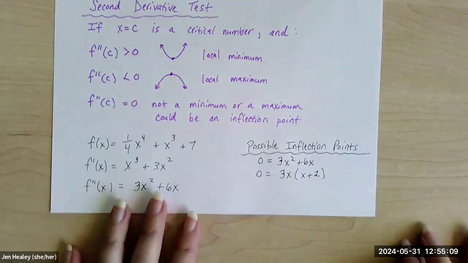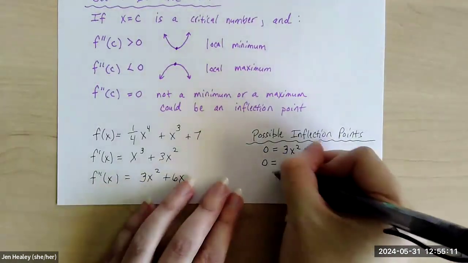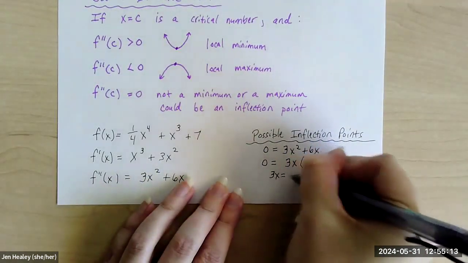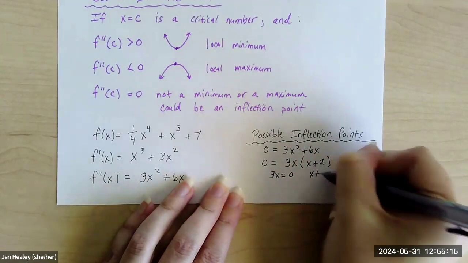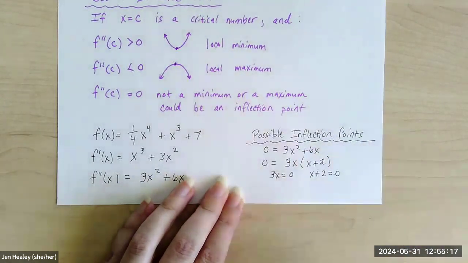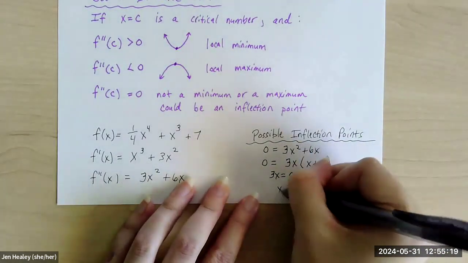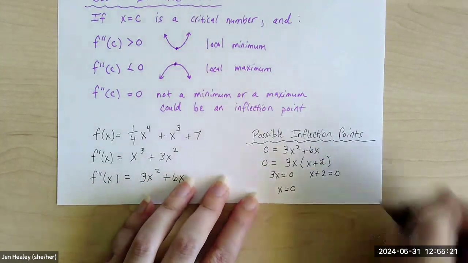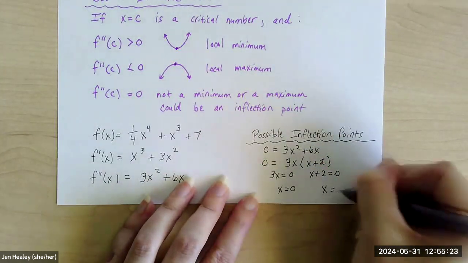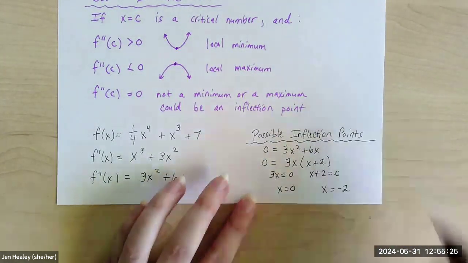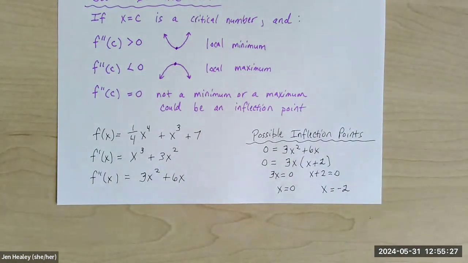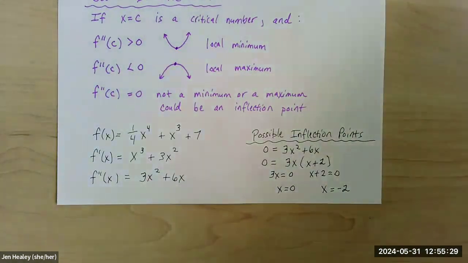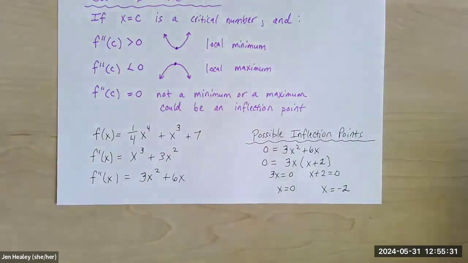Which means that if we set 3x equal to 0 or x plus 2 equal to 0, our possible inflection points are x is equal to 0 or x is equal to -2. Those are two things we're going to have to actually test to figure out if they are inflection points.